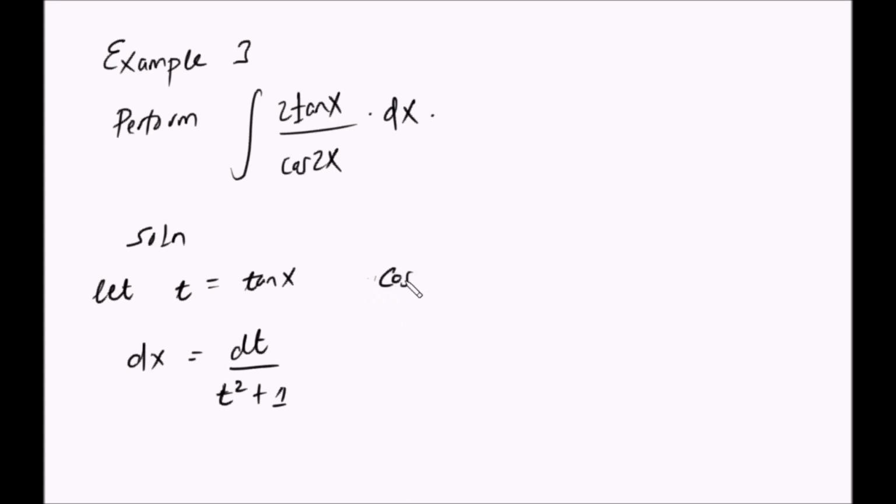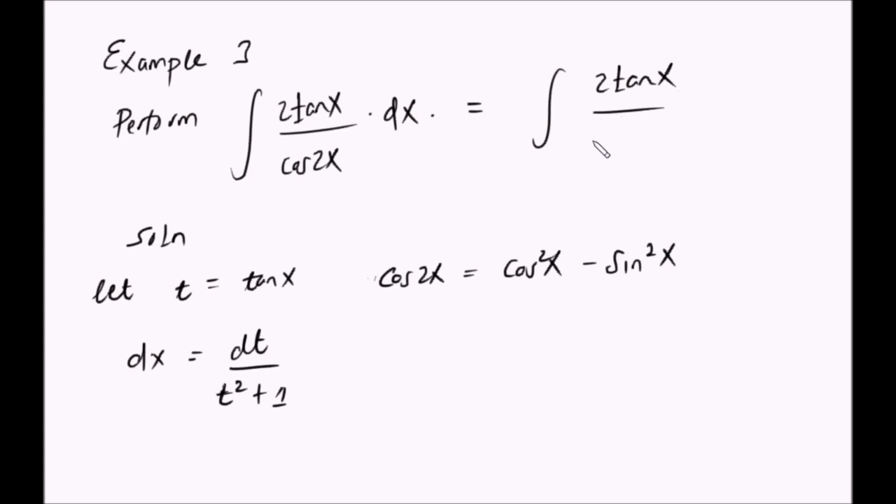So we know that cos 2x is just equal to cos squared x minus sine squared x. So kumbe this question is just the same question as 2 tan x over cos squared x minus sine squared x. So now instead of cos 2x, we have cos x and sine x.